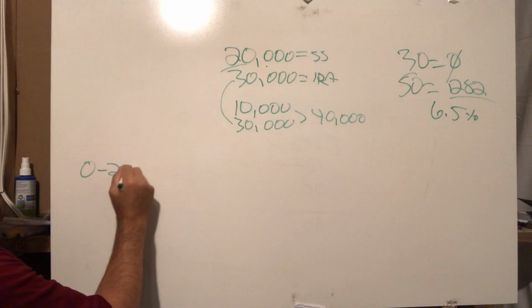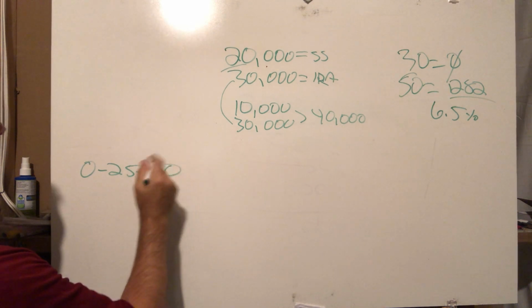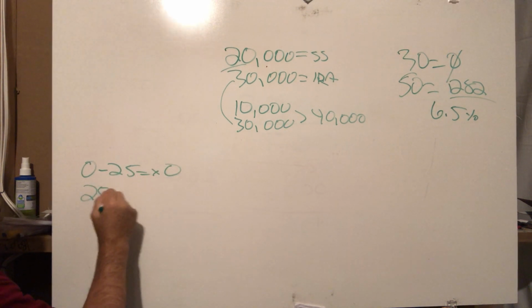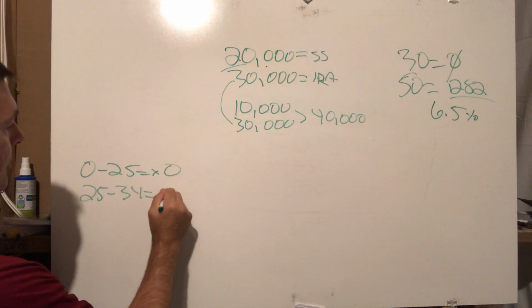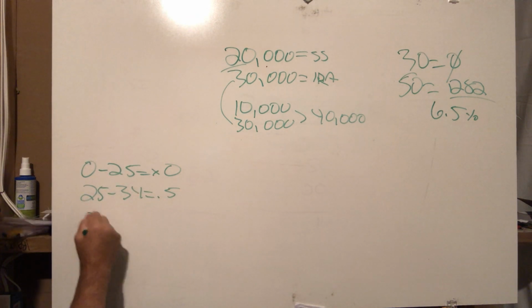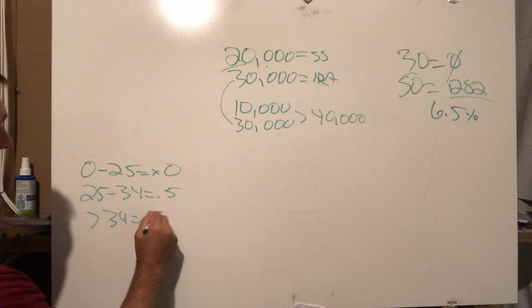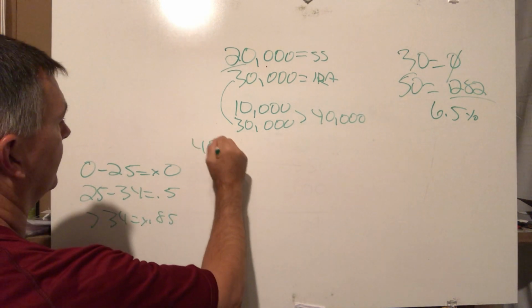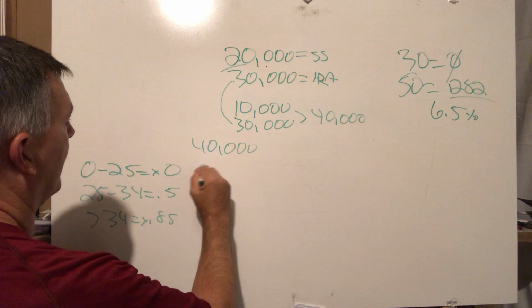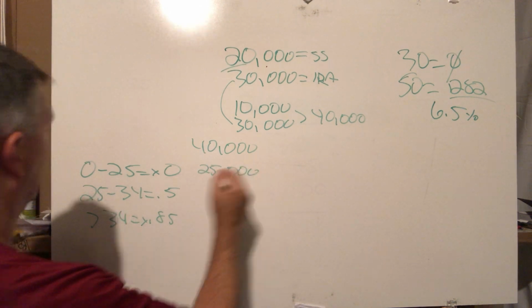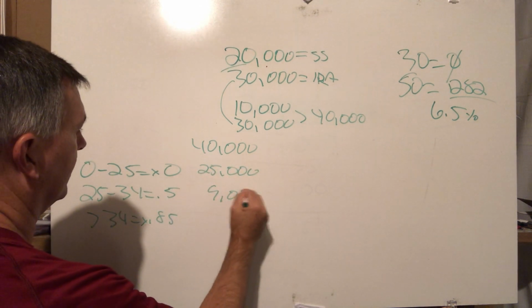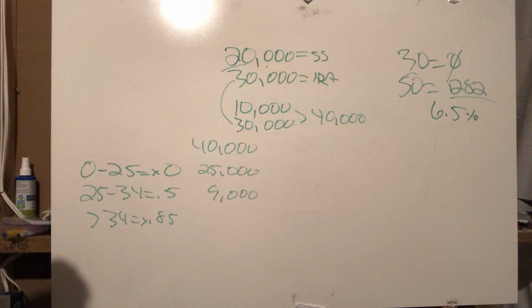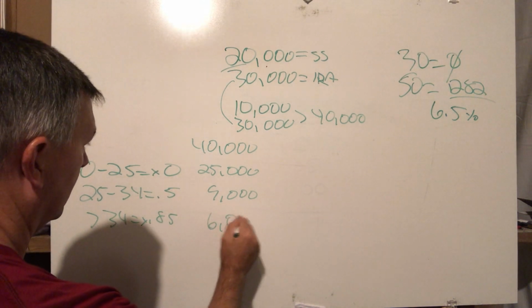0 to 25 times 0, 25 to 34 times 0.5, and anything over 34 times 0.85. All right, so in this case we got $40,000. First $25,000 is nothing. Next $9,000 is there, and then what's that? 34. We got $6,000 here. Is that right?